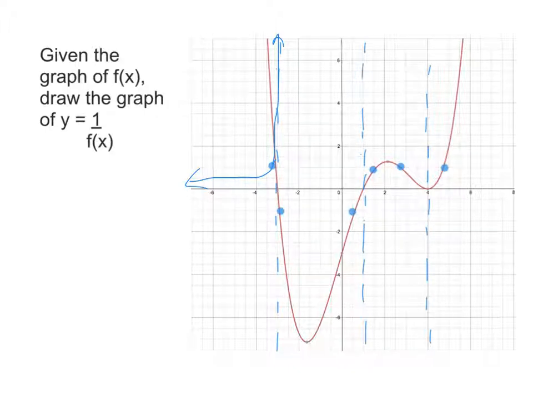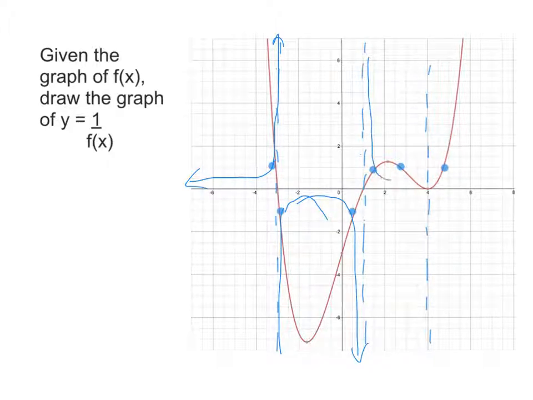It's a little bit hard to draw on here. If I look at the next section, it's going to increase and then decrease. So it's going to be here, across there, and down through there. The next section is positive, so something like that, and then another positive section like that.